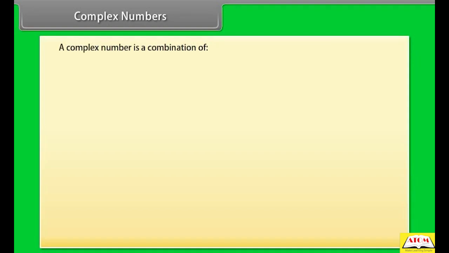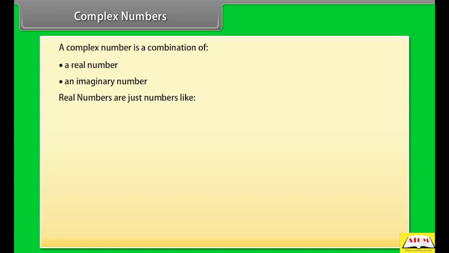Complex numbers. A complex number is a combination of a real number and an imaginary number. Real numbers are just numbers like 1, 12.38, minus 0.54, 3 by 4, square root 2. Imaginary numbers are special because when squared, they give a negative result.